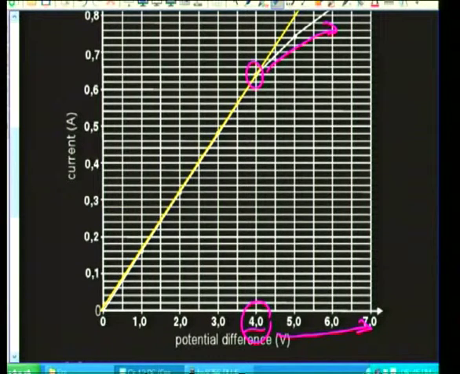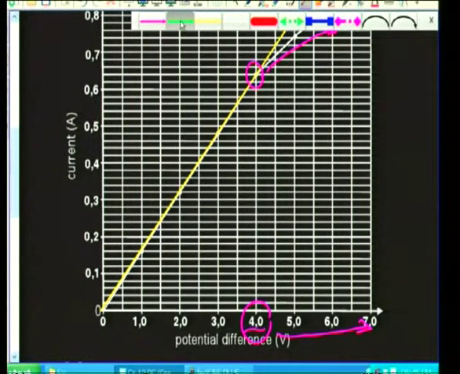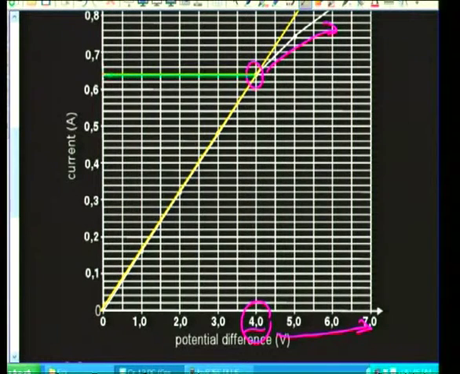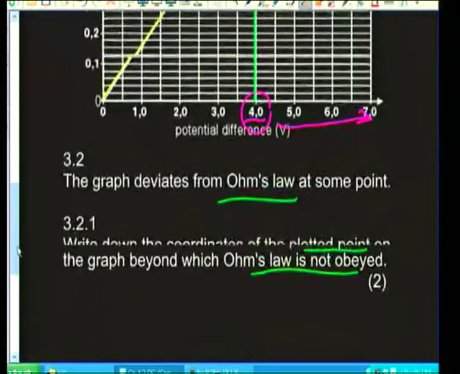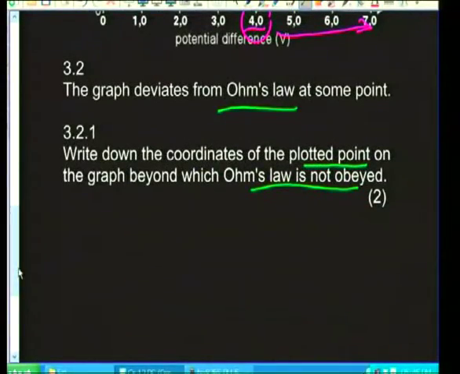But what they wanted is the coordinates of the point that I've ringed over there. And if we just take another straight line and we take the point like that, you can see where it falls on the vertical axis. So we're wanting to know that it's from here up to there, which is on the 4,0. So the coordinates of the point are 4,0.